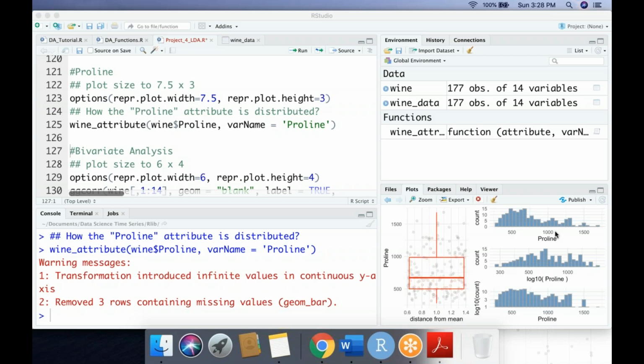If it is, then it will be recommended to use a log-transformed proline version rather than the original proline. Got it? Yeah, you are correct. But with log transformation also, it is not the distribution. Yes, we can go for a log 10 transformation.